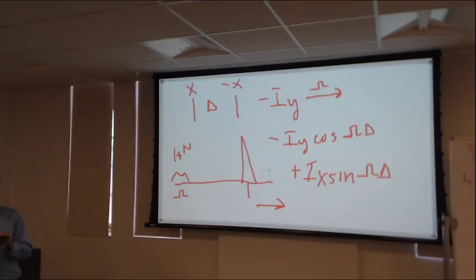What does the minus X pulse do to the minus IY magnetization? You can think of it as a pulse around X minus 90.